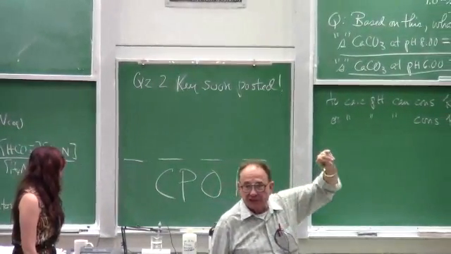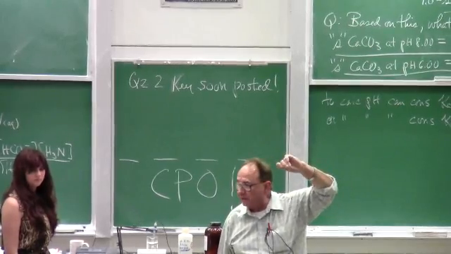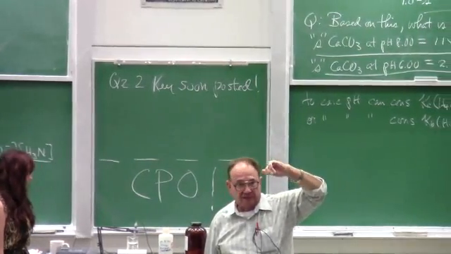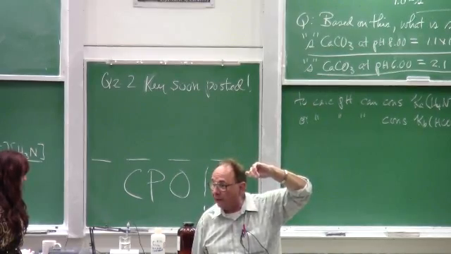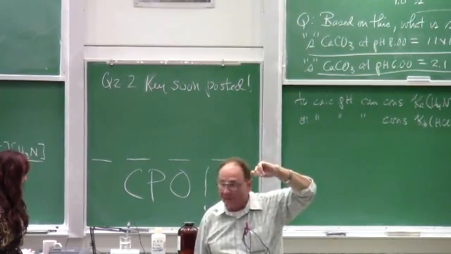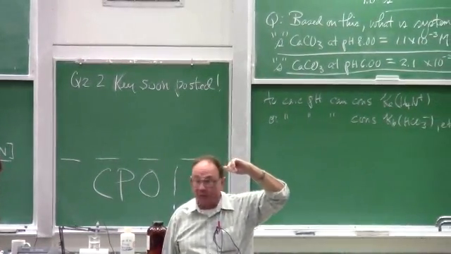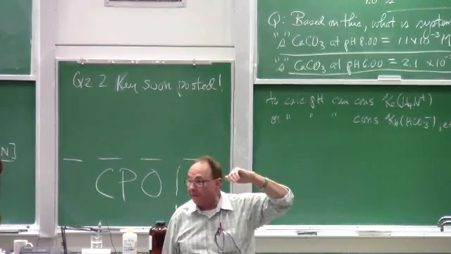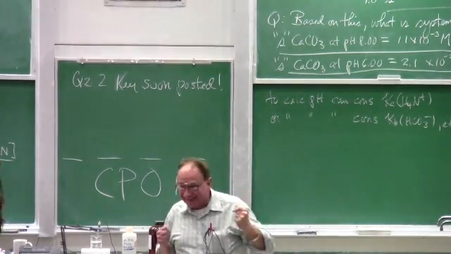And 5.6 times 10 to the minus 10 is a daggone small number. So we should realize that for this quadratic, 5.6 times 10 to the minus 10 is equal to x squared. Right? Because 1.0 minus x is going to equal 1.0. And x squared divided by 1.0, it's x squared.